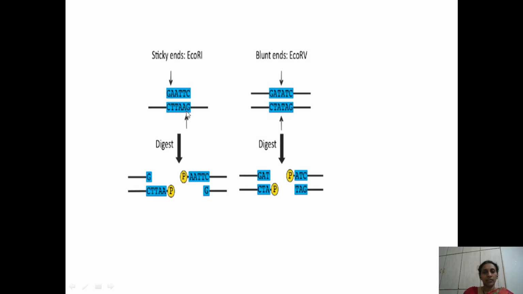Here also in between G and A, that is guanosine and adenosine. Now the resultant products or the ends will be like this. One long strand and another short strand. Another long strand and short strand.